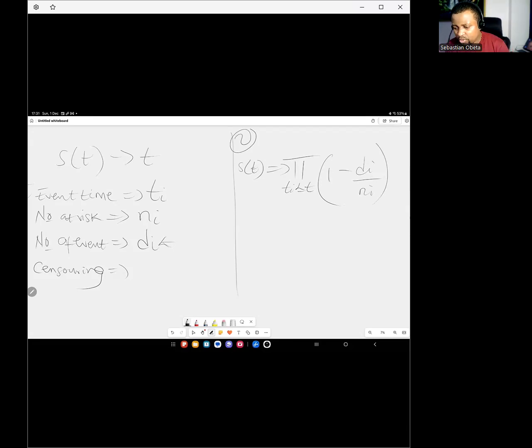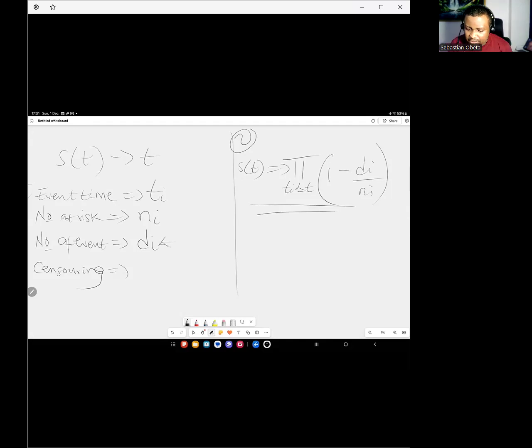We've already defined what the D_i is, which is the number of events, the N_i, which is the number at risk, and the event time t. So this formula indicates that the survival probability up to time t is the cumulative product of the probability of surviving each time interval.